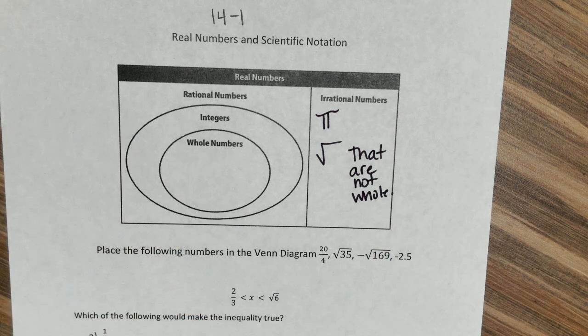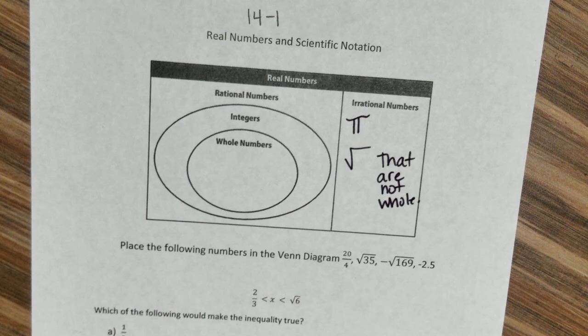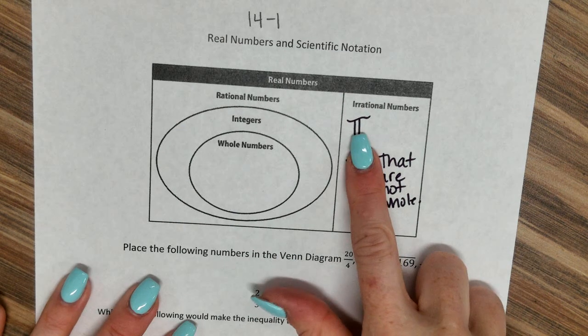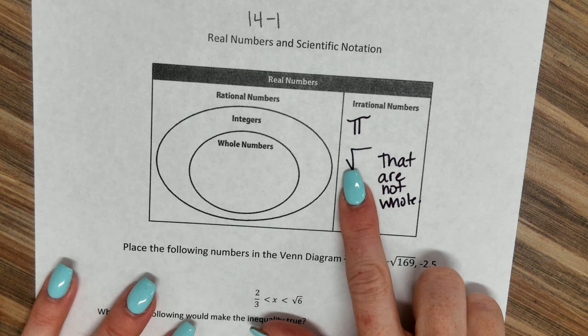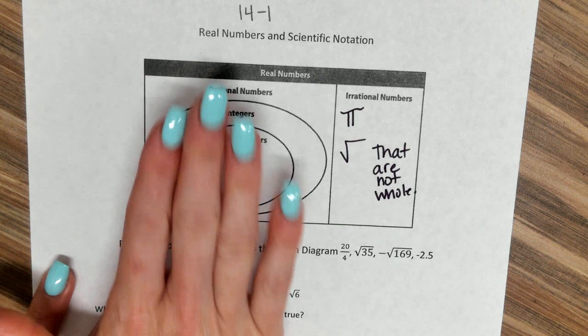So if it's a square root and it has a decimal in it, it's irrational. And those are your irrational numbers. Everything else goes over here. Do y'all understand? Pi and your square roots that are not whole go over here. Everything else goes over here.